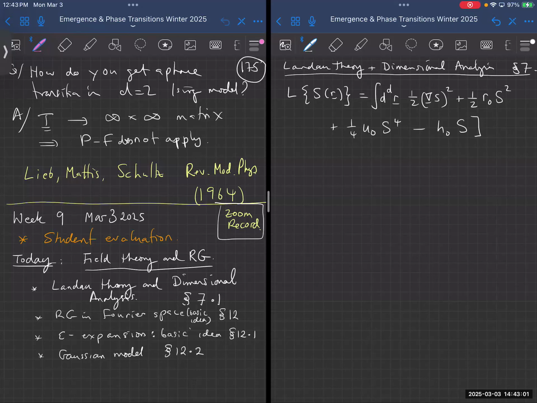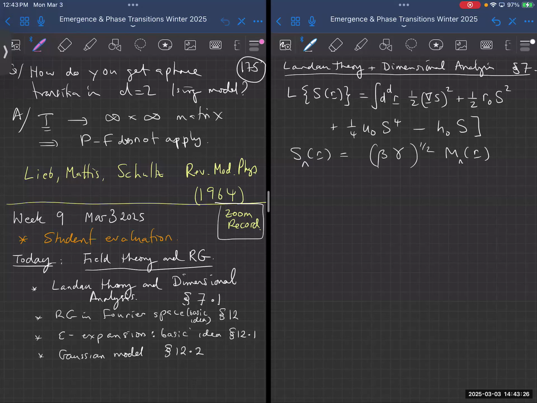And I've used units here. Actually, why have I used units here? Here I've defined S of R to be beta times gamma to the 1/2 times the magnetization.